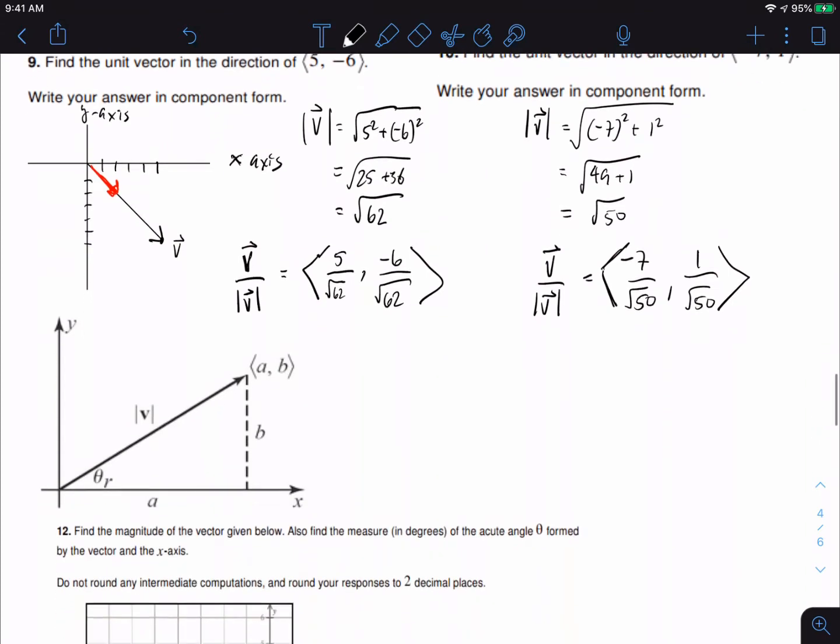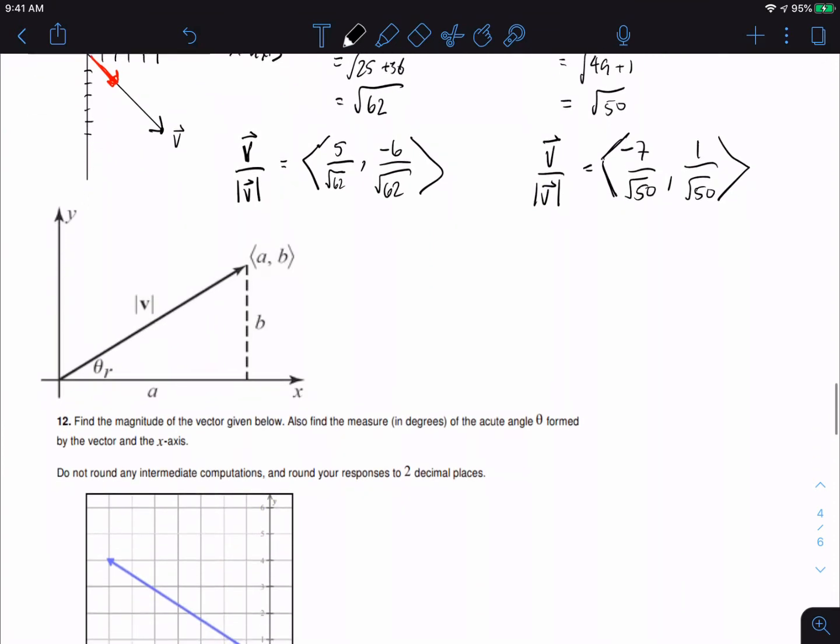Okay, so let me show you some stuff. I want to be able to show you how to find angles and whatnot. So we know now, we've learned some things. We know that if this is our vector v, the components are going to be a comma b, right? We know that the magnitude is going to be the square root of a squared plus b squared.